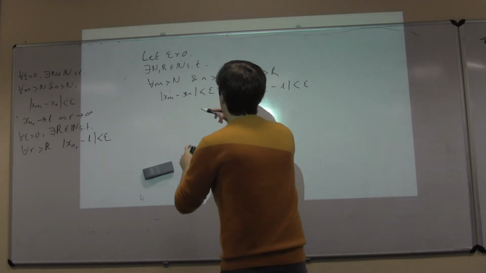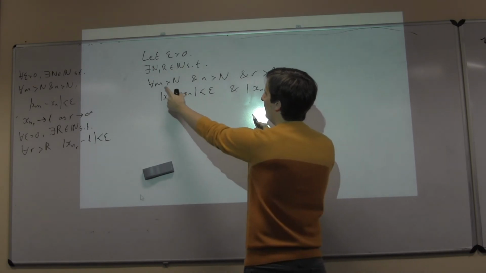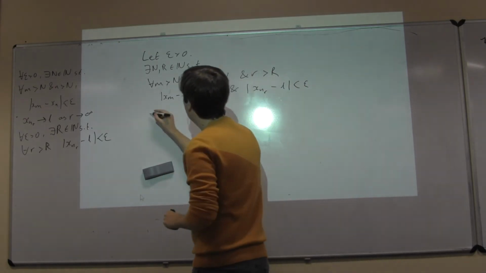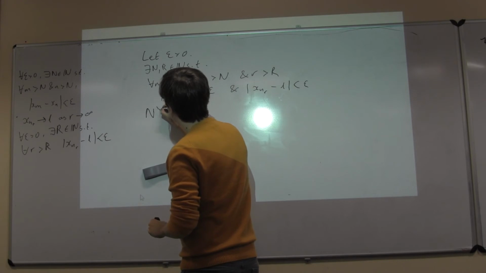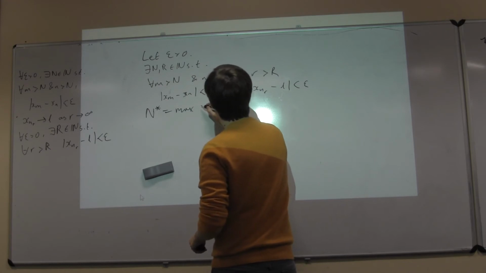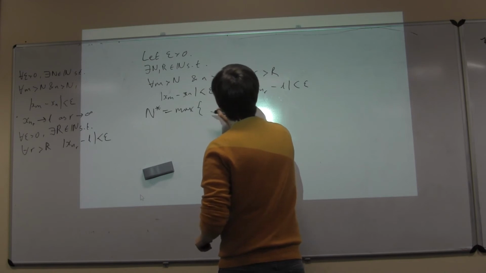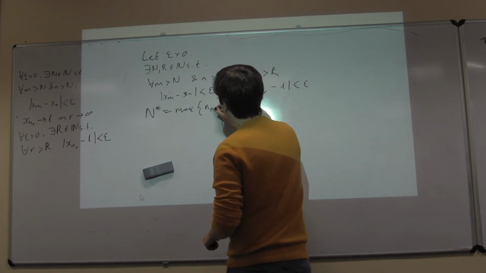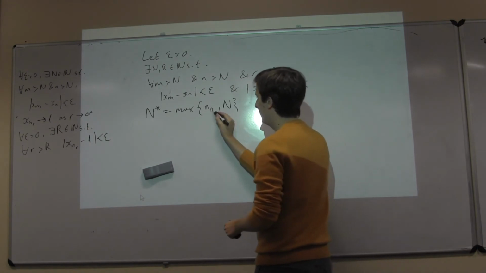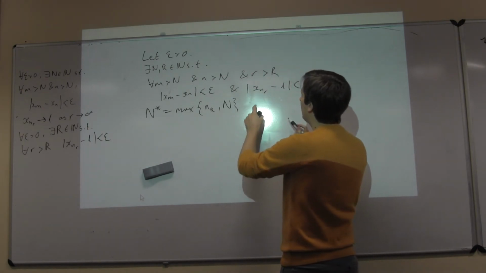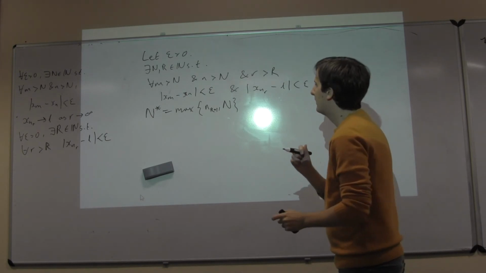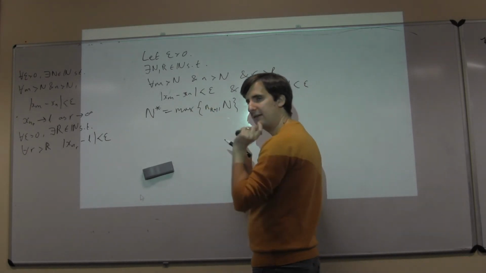So this is true for all m bigger than N. If we take N star as the maximum of n sub R and N. Remember, n sub something is giving us the indices.